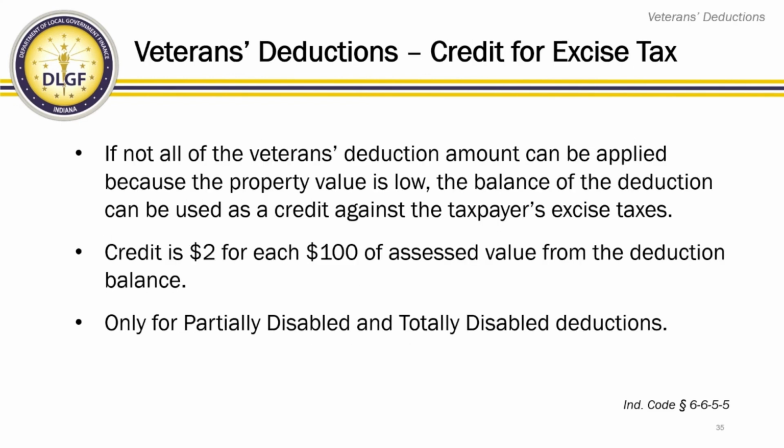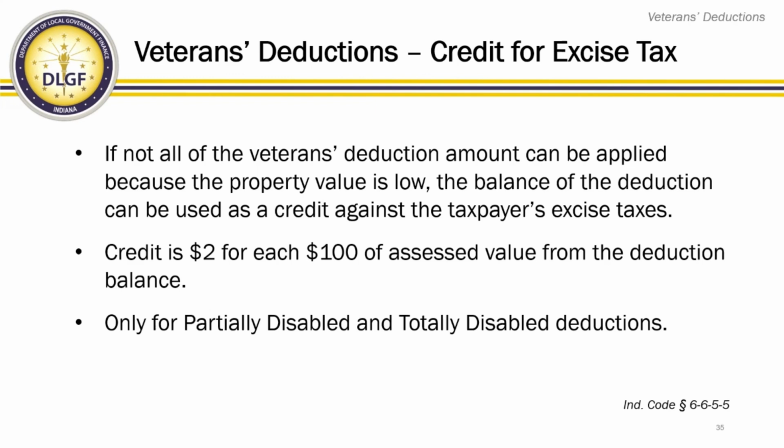Now, the state law also provides for a special credit off of excise taxes under circumstances where a taxpayer can qualify for the veterans deduction, but there are a couple of special situations. The veterans deduction cannot be applied against property.